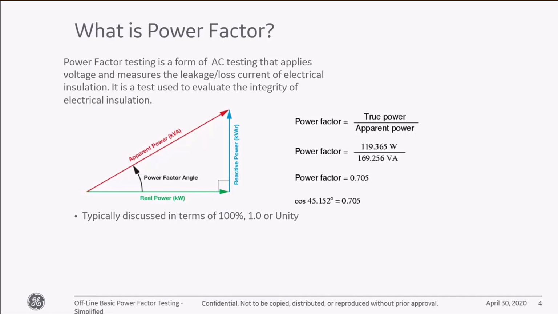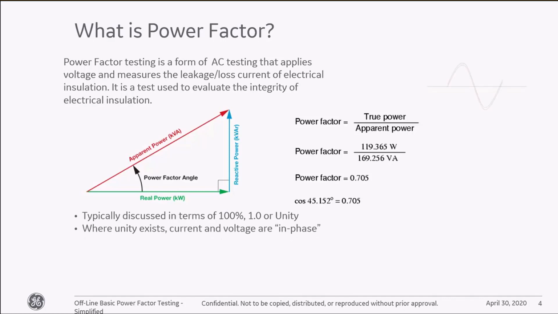But unlike the answer I got when I asked that day what power factor is, and somebody said, well, it's not the same power factor: power factor is power factor. It doesn't matter whether you're testing a piece of substation equipment or talking about power quality, it's still power factor. So we'll just clear the air with that.